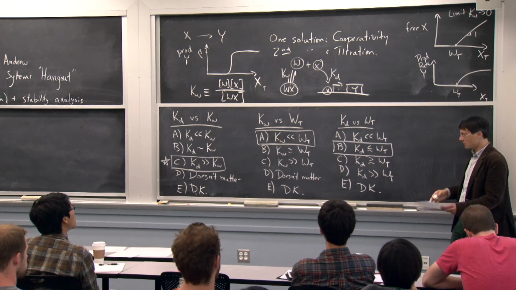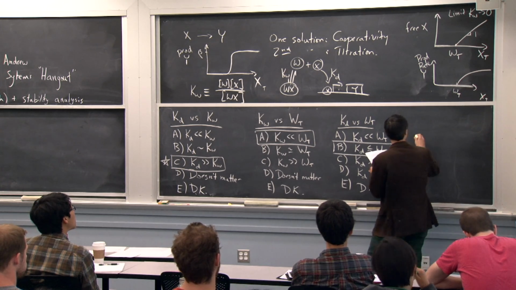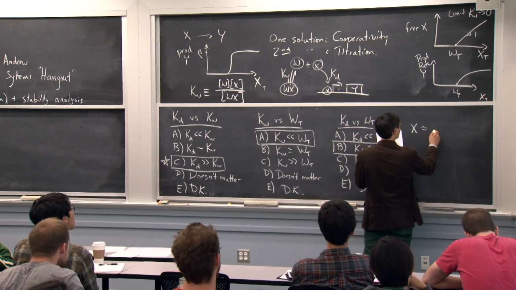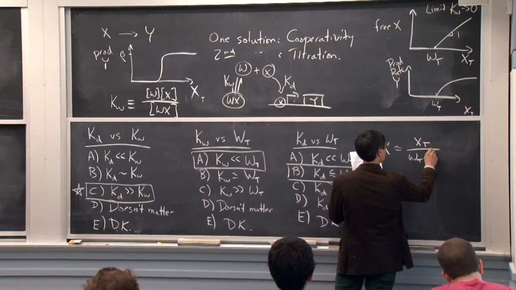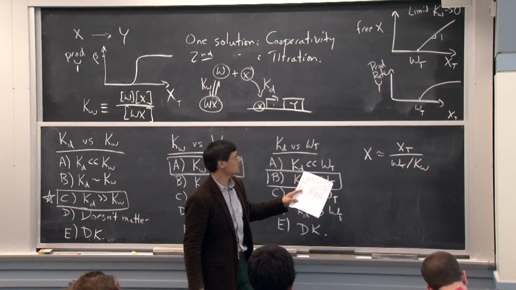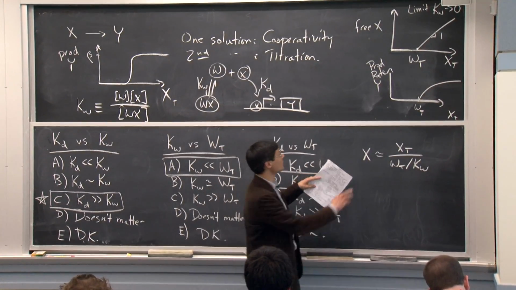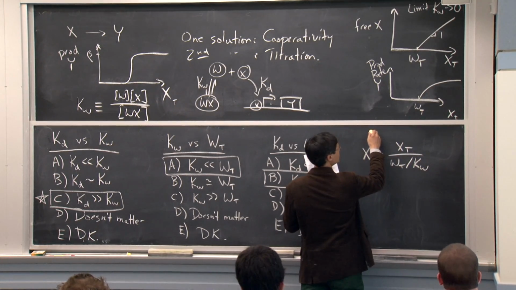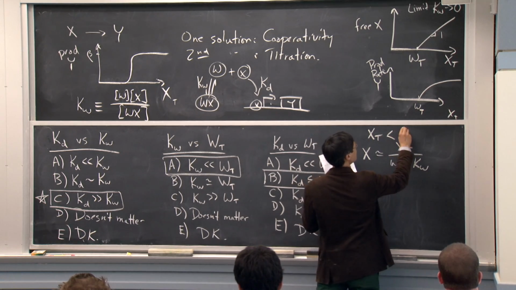And if you do the calculation, I encourage you to do it, what you actually find is that the concentration of free X is given approximately by X total divided by WT over K sub W. So what you see is that the free concentration of X, and this is for X total less than, and maybe significantly less than, W total.